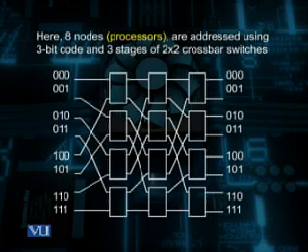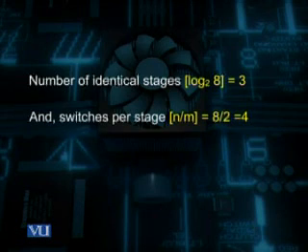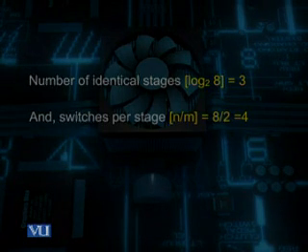Here, if we use the previously defined formula, then we can find the number of identical stages as log of 8 to the base 2, which is equal to 3, and the switches per stage, which is n over m, or 8 divided by 2, resulting in the total number of switches at each stage being equal to 4.